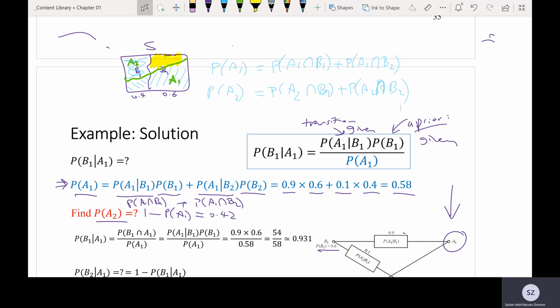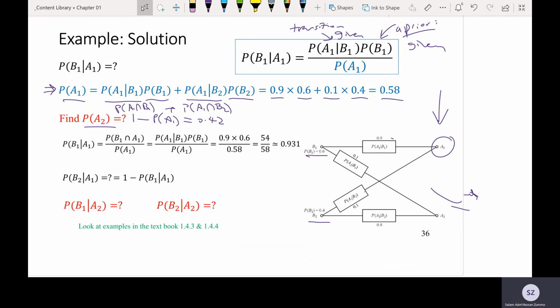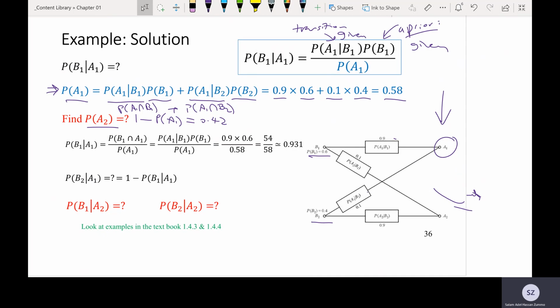So basically, think about it this way. First of all, you can visualize using a Venn diagram, or you can think about it from here: at the output, I only have two possible outcomes. The first one is only possible when you come from either B1 or B2. What is the probability of B1, and how can I get B1 into A1 using this? Think about it that way.